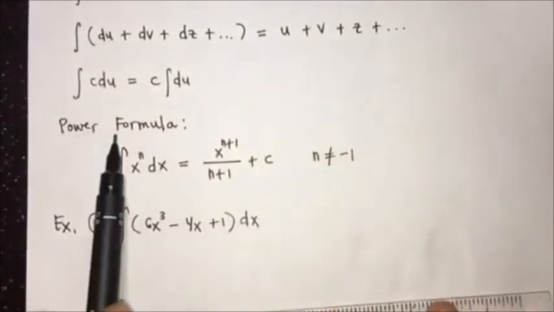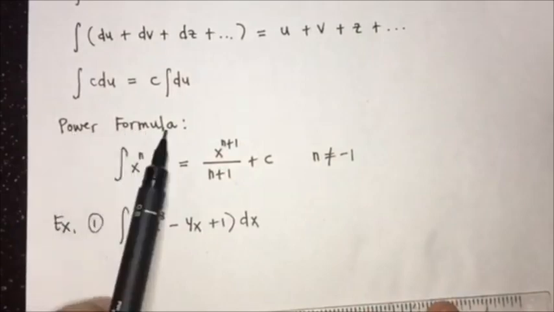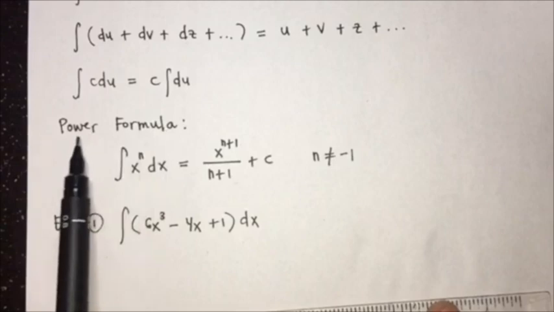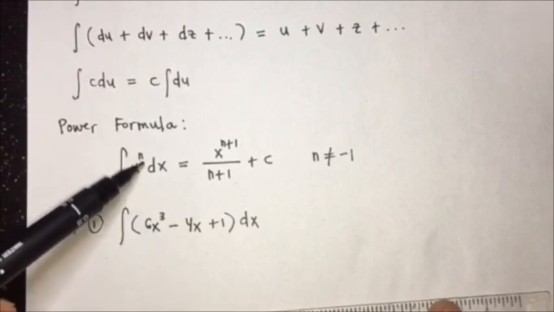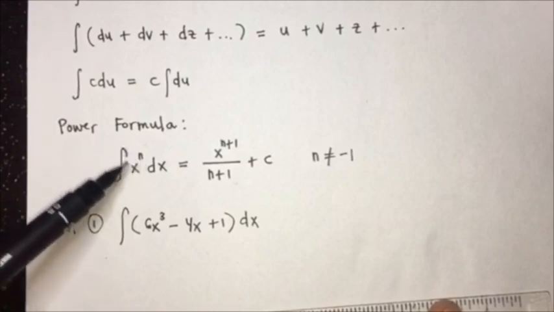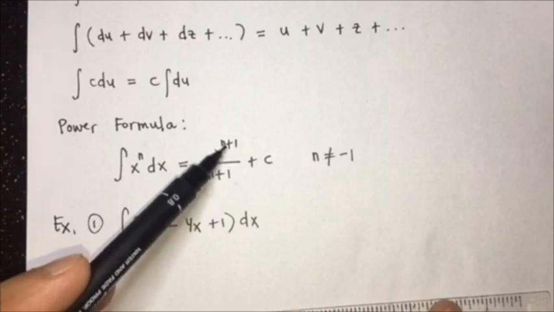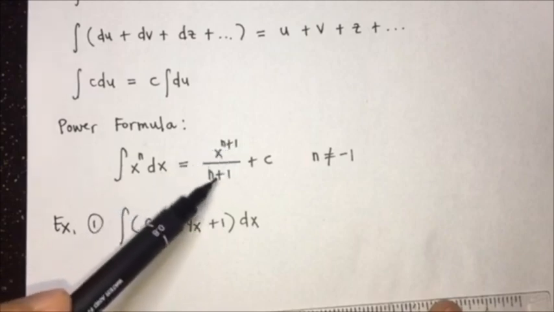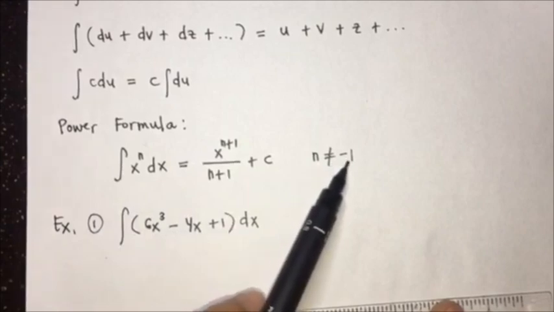Okay, so the power formula. We are familiar with the power formula in differentiation, and this is the power formula for integration. The integral of x raised to n dx is equal to x raised to n plus 1 over n plus 1 plus c, where n is not equal to negative 1.